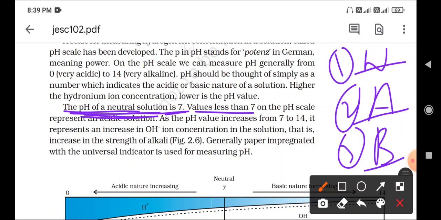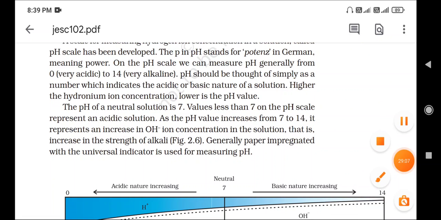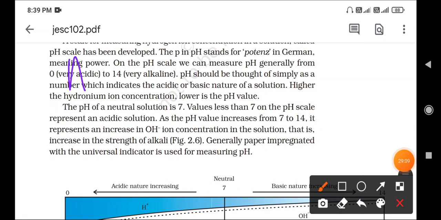A value less than 7 on the pH scale represents an acidic solution. As the pH value increases from 7 to 14, it represents an increase in OH minus ion concentration in the solution. So remember, the solution which has a pH less than 7 is called an acidic solution.